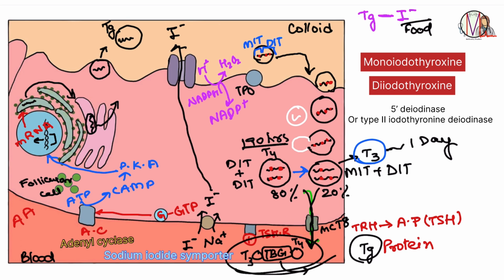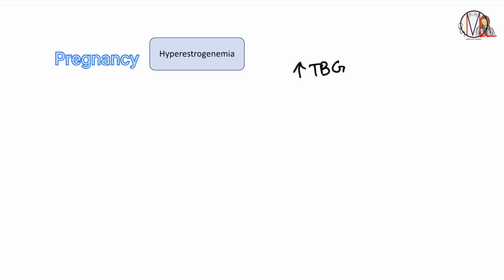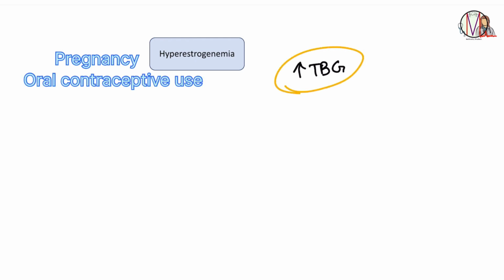The bound fraction of T3 and T4 is biologically inactive. Only the free form is active. If there is increased TBG synthesis, it's called hyperestrogenemia, which is mostly seen during pregnancy and during oral contraceptive use.